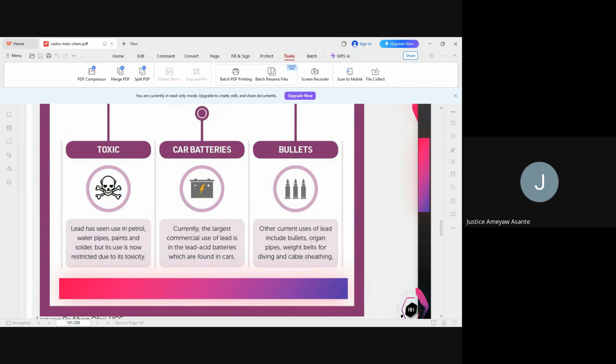But we are being warned that it is very toxic. So anything that can poison the human system, we should not use lead to transport it. Then car batteries. Other current uses of lead include bullets, organ pipes. So you've seen organ pipes, weight belts for diving and tile shifting.